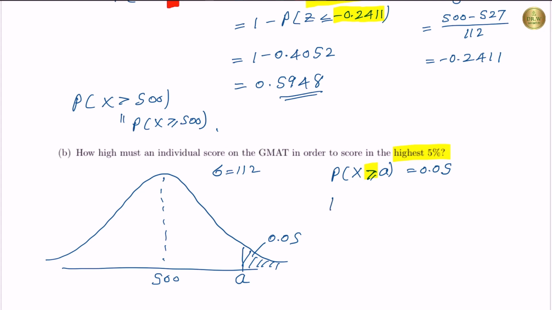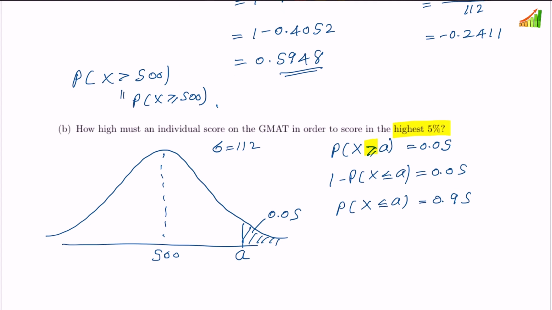Therefore, we write 1 minus probability X less than or equal A, which is 0.05. Then we can simplify this: X less than or equal A is 0.95.